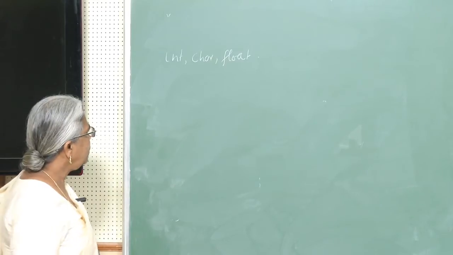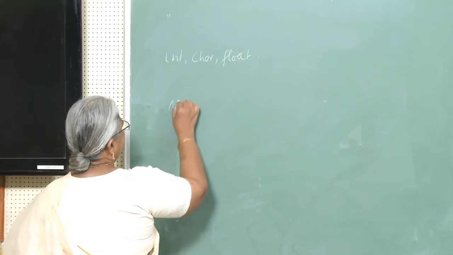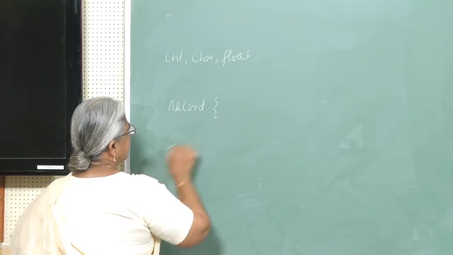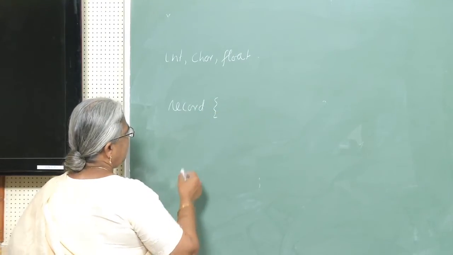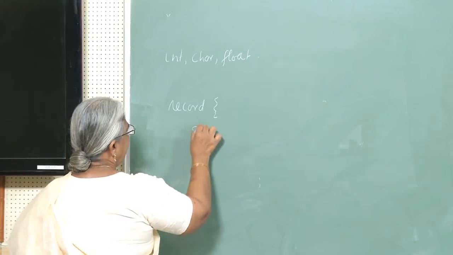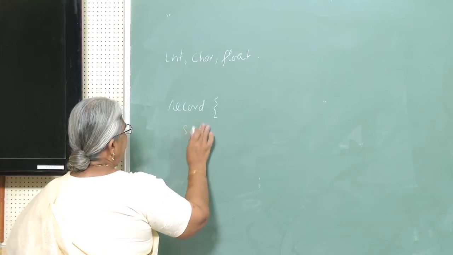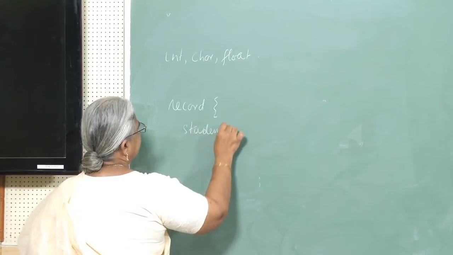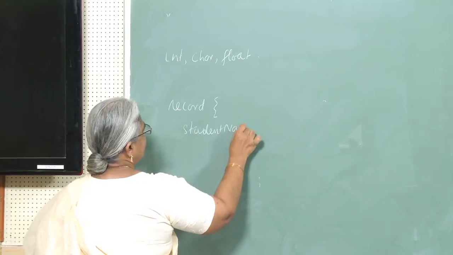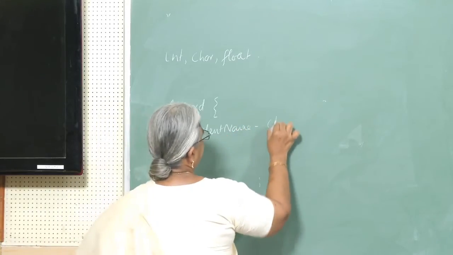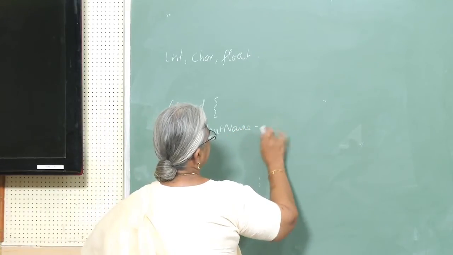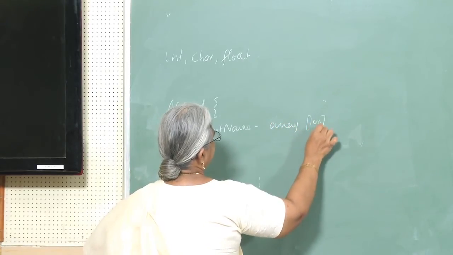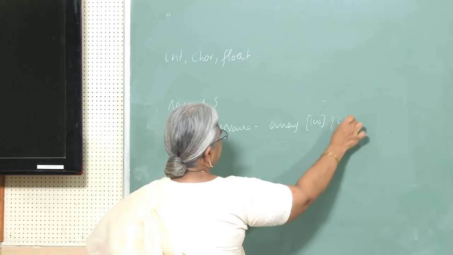For example, I can write something like a record or a structure, as it is called. I am not writing in C syntax over here, and let us say I want to make a student record. I will say student name, which is a character array, let us say 100 characters of char.